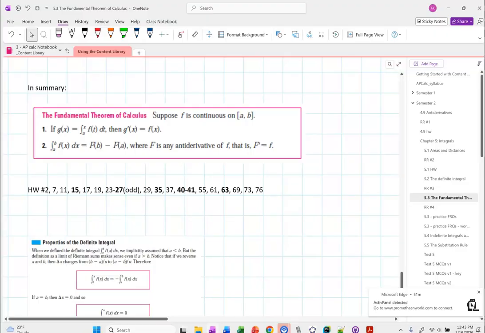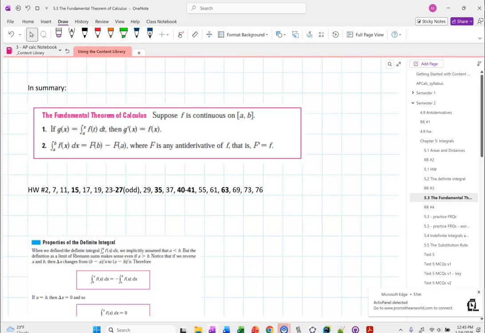So, this is just a summary, putting them both back together. And that was it. That was the day. What did we just do? We just related this idea of integrals, area under the curve, back to the antiderivative.